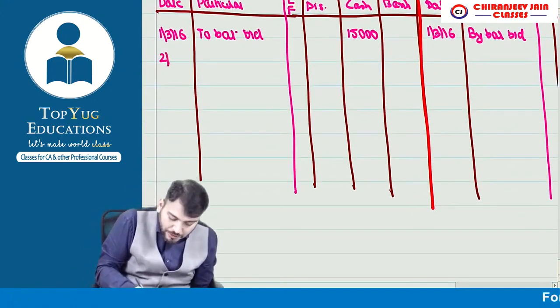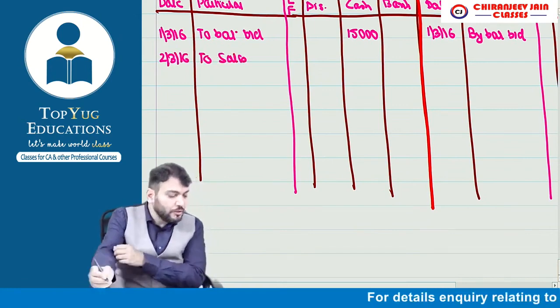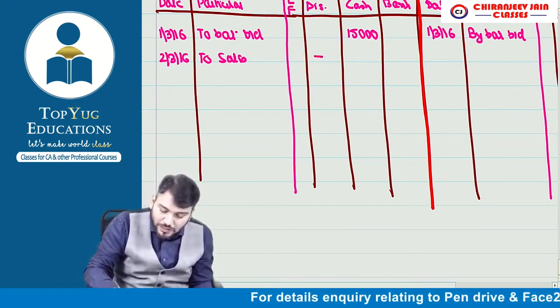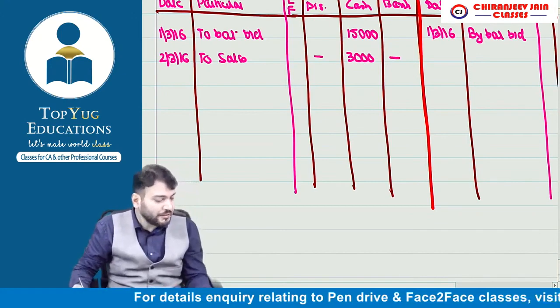Then 2nd March 2016 बोला cash sales. तो we write on to sales account. How much? It is 3,000. तो 3,000 लिखिए कैश में. करेक्ट? यस सर.